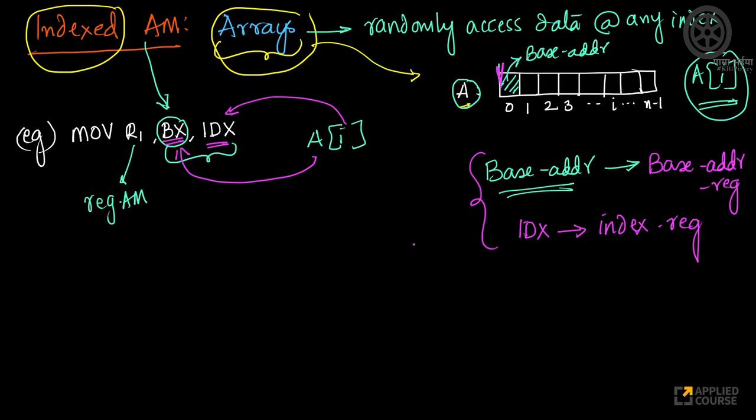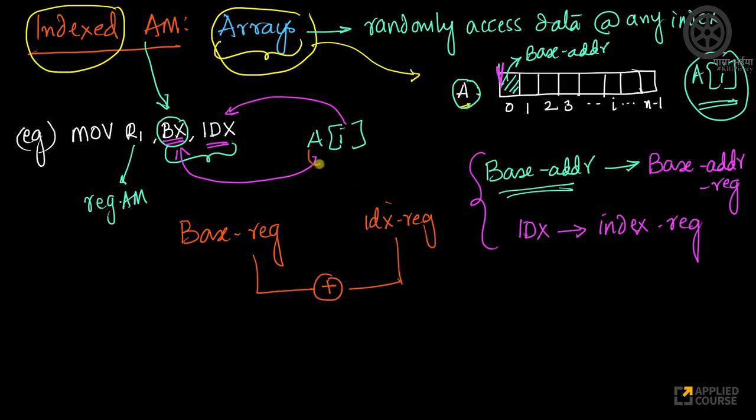So how do you get the effective address in this case? Again, it's very, very simple. Whatever value is stored in the base register, which is your base address, and whatever is stored in the index register, we first perform a simple operation: addition.